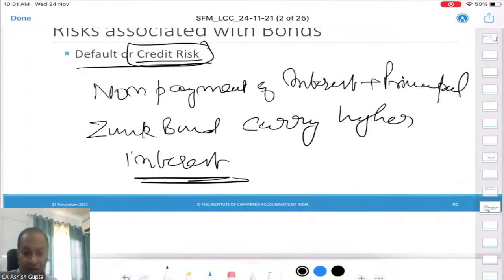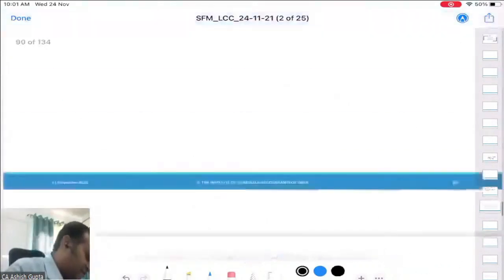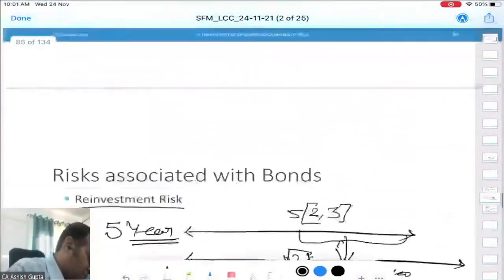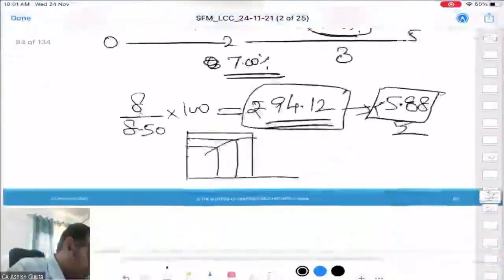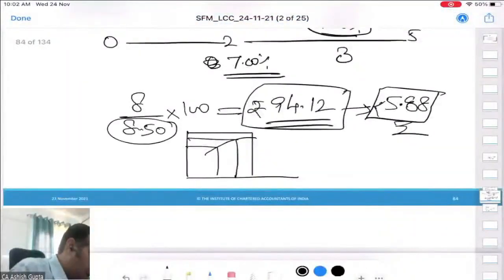Okay, sir, with the increase in interest rate, the value of the bond also rises? No, beta. With the increase in the interest rate, the value of the bond falls. Please see here. The interest rate has risen from 8 to 8.5.